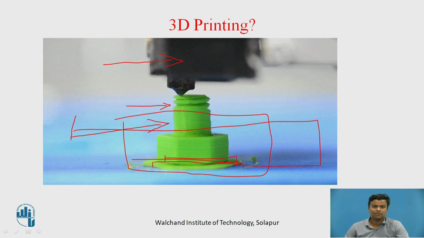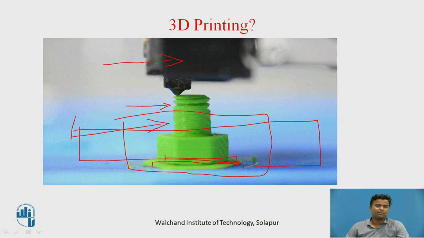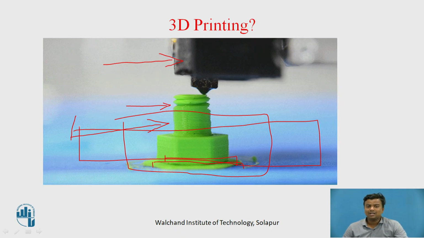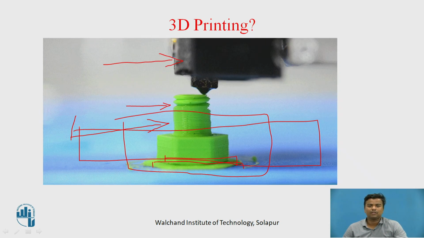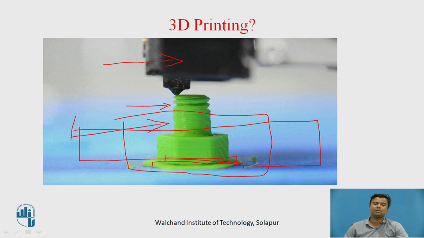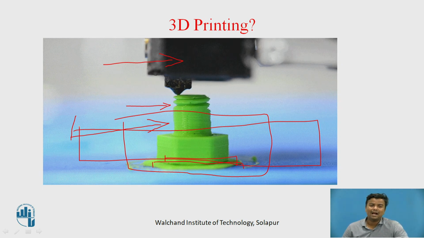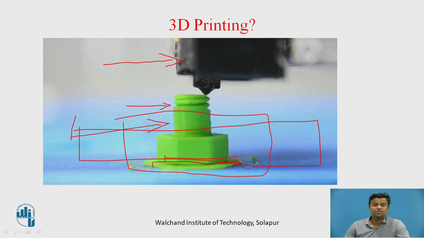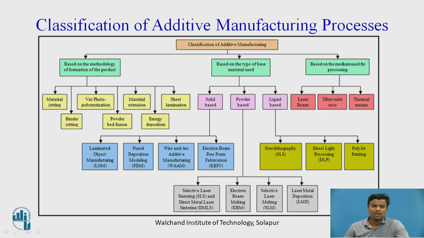For example, if the size of my build platform is 300 by 300 by 300 mm, I can develop a component of 300 by 300 by 300. If my component size is 500 by 600 by 700, I can't develop such a huge component with the help of 3D printing. That is a limitation.